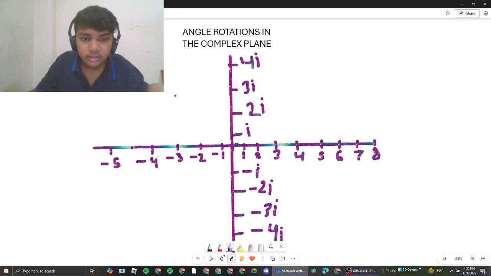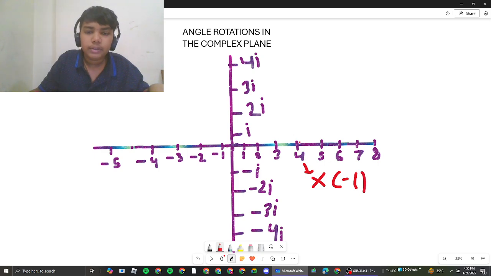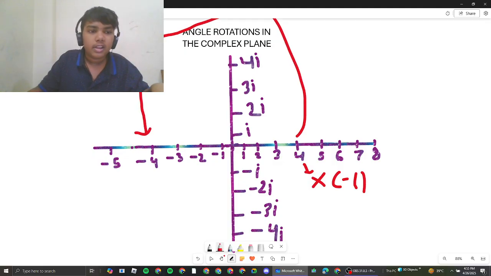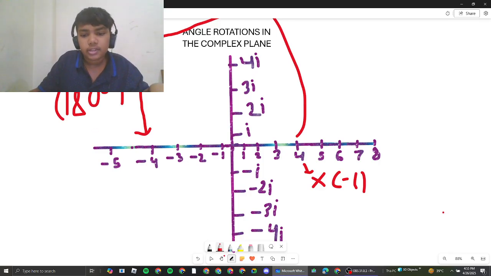What I mean by that is, if we have something like 4 and we multiply this by minus 1, we would go from here to here, and this is a 180-degree rotation.